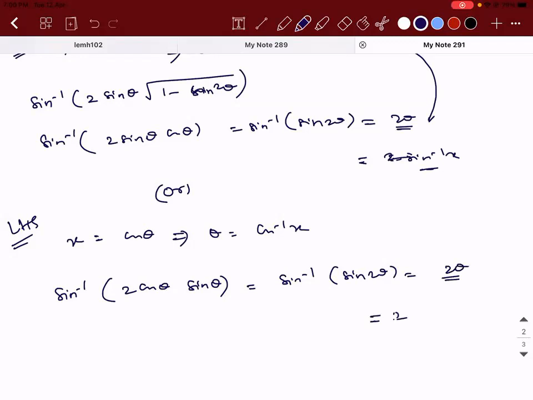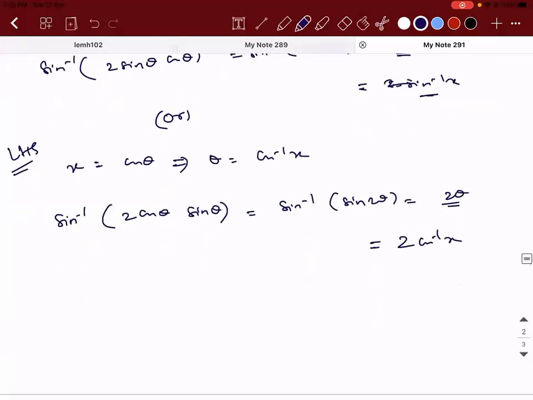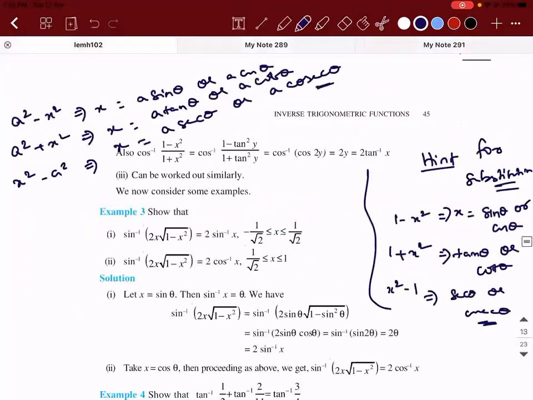It is going to give you the answer 2 cos inverse x. So that's what the next problem actually is. They asked us to get 2 cos inverse x. Right?